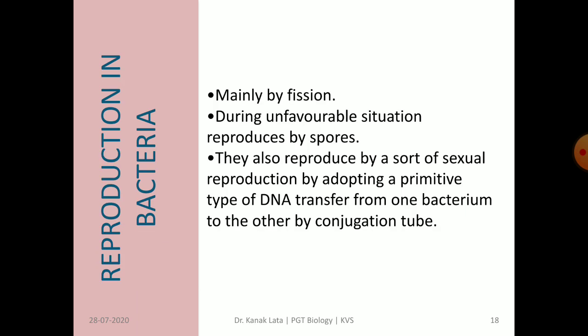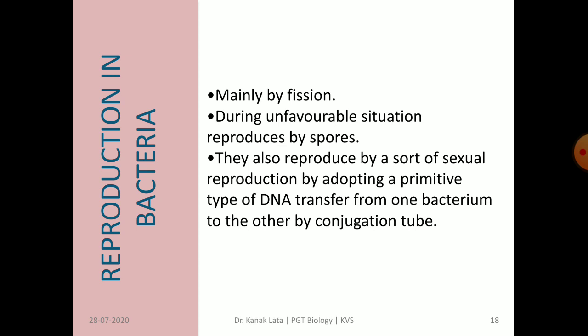Now let us see about reproduction in bacteria. Bacteria reproduce mainly by fission, but during unfavorable situations, they reproduce by formation of spores. They also reproduce by a sort of sexual reproduction in which there is only transfer of DNA from one bacterium to another by a conjugation tube.